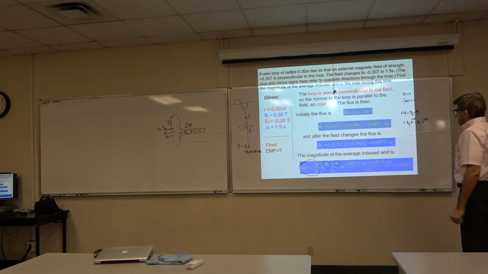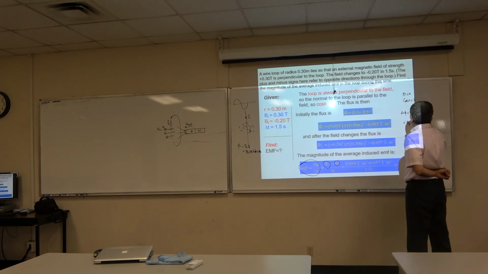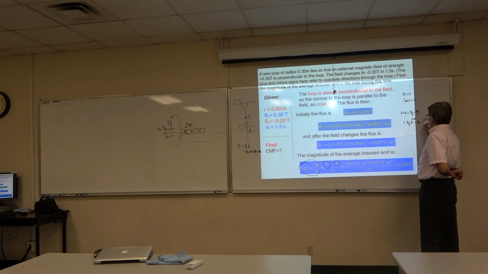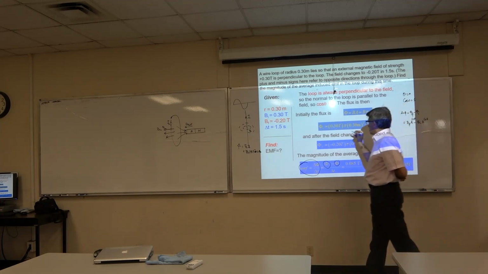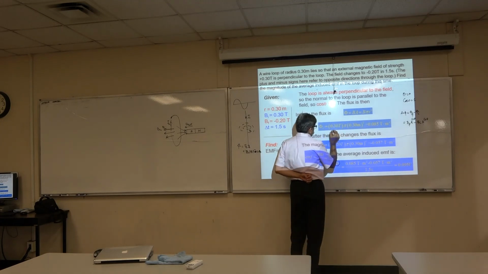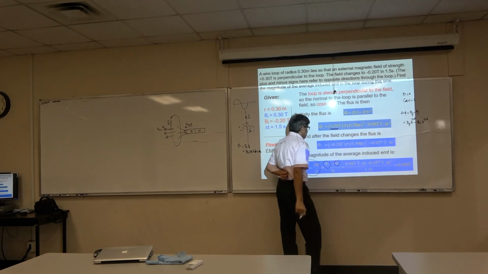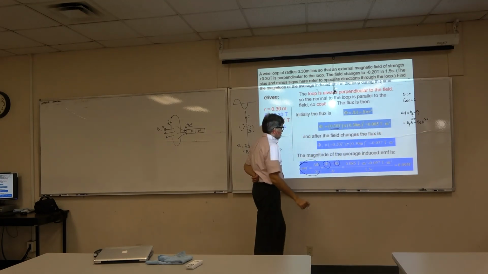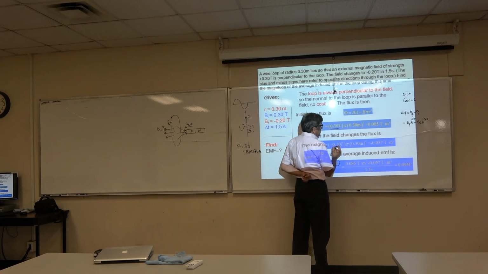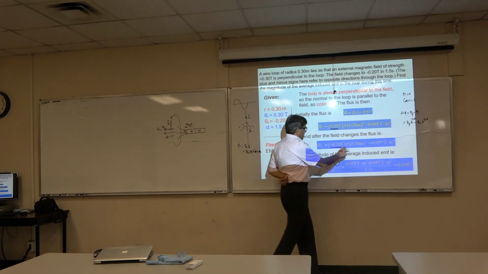So here, the initial flux is the initial magnetic field times the area. Cosine of the angle is 0, which is 1. So the initial magnetic field 0.3 Tesla times pi r squared. This is this much. Now after the field changes, the final magnetic field is minus 0.02 Tesla, times pi r squared.